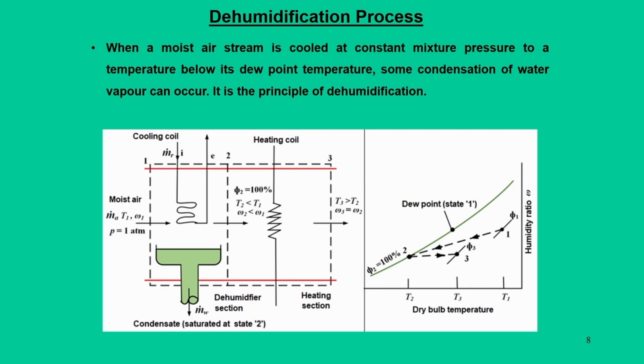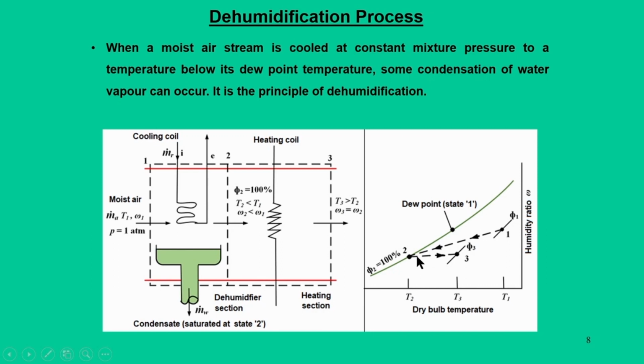Now, what does this dehumidifier do? Normally, to do this dehumidification you have to remove water vapor. For that you have to use a cooling coil, and this air is allowed to interact with the cooling coil in such a way that it will reach the dew point temperature.